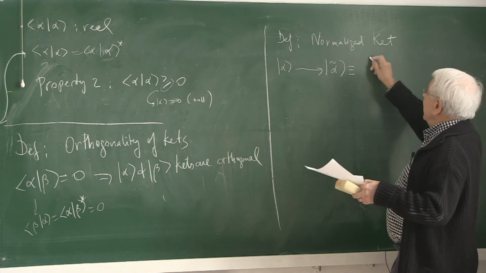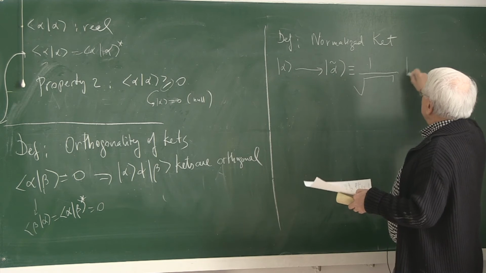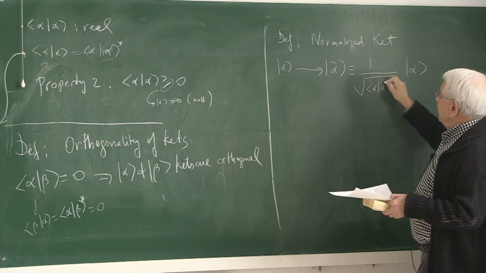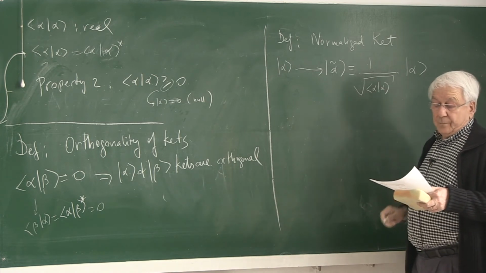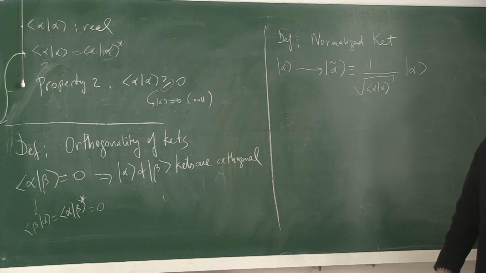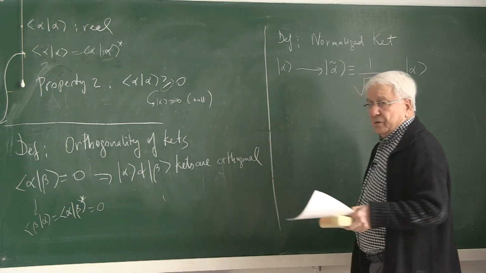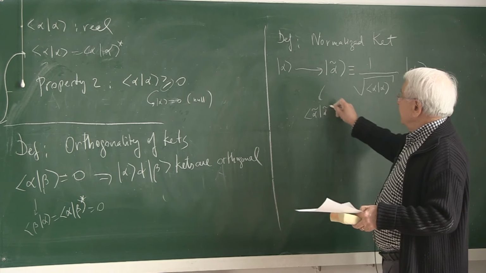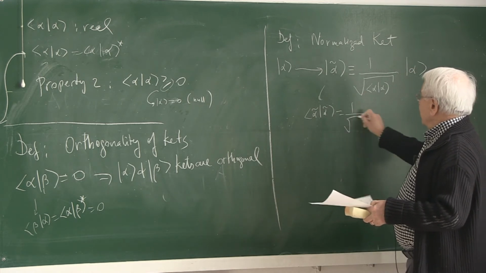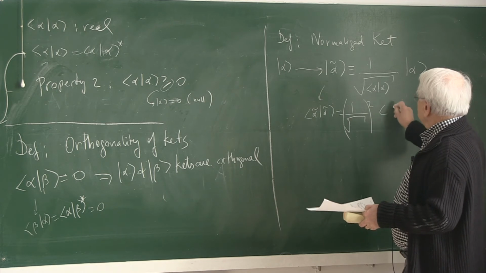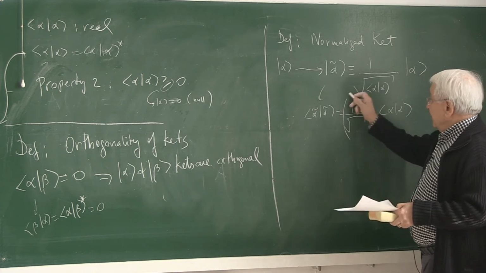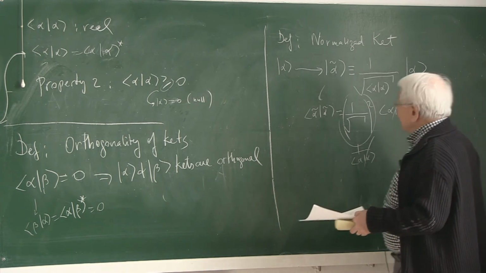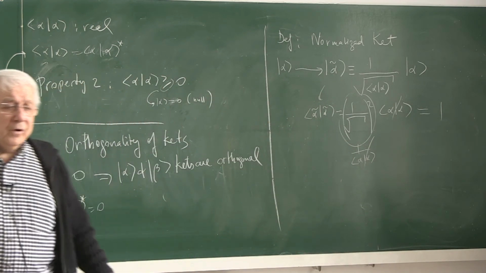I call it a normalized ket, obtained by dividing it by a number. This is the original alpha, and I divide it by the square root of alpha alpha. Well, the demonstration is a 10 second demonstration. You take the inner product of these two, take the inner product of it with itself. Then what you get is this square root factor squared times alpha alpha. Well, that thing is 1 over alpha alpha. Cancels and you get 1. It is indeed normalized in this manner, right?